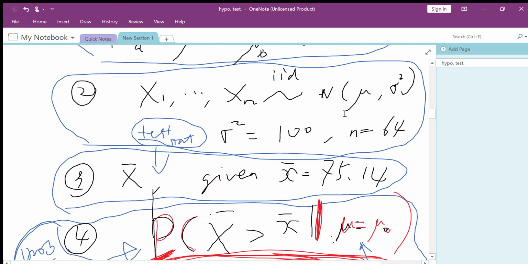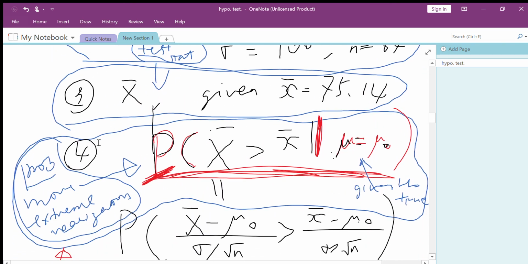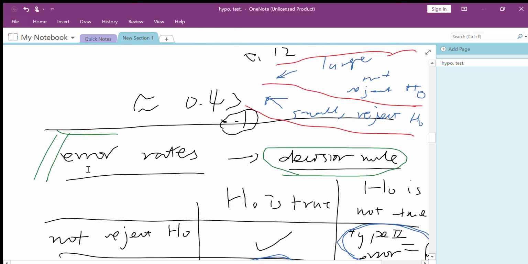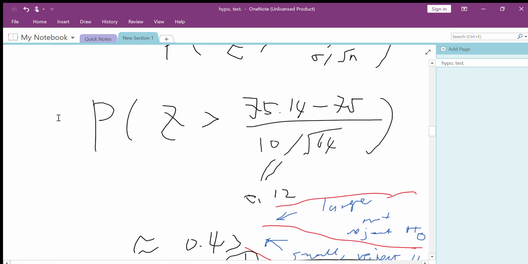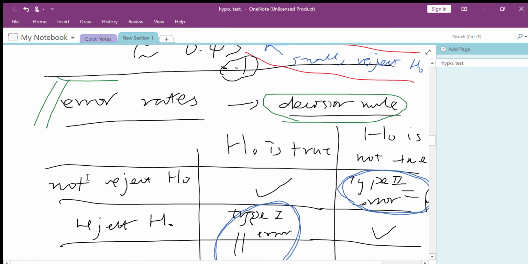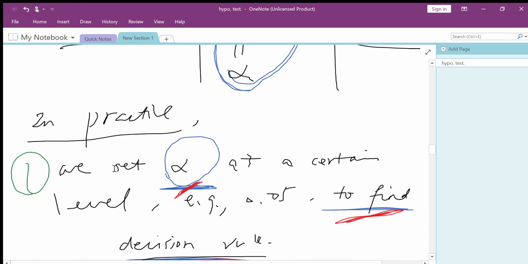and the normal model, where sigma square is known. For the p-value approach, if the p-value calculated is large, do not reject null; if small, reject. We also introduced the decision rule approach, which is established with the help of error rate. In practice, just type 1 error alpha is sufficient to find the decision rule.